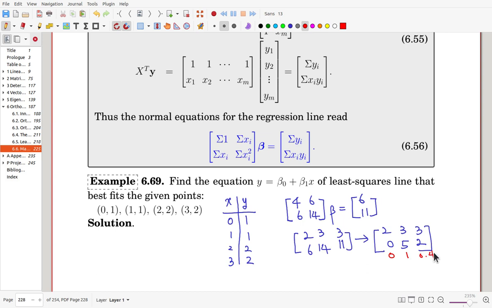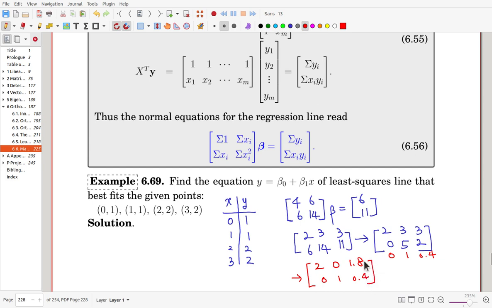Right? Now from here, we try to subtract 3 times the second row, then 2, 0, 3 times 1.2 is subtracted, so that the middle part is 1.8, and 0, 1, and 0.4.